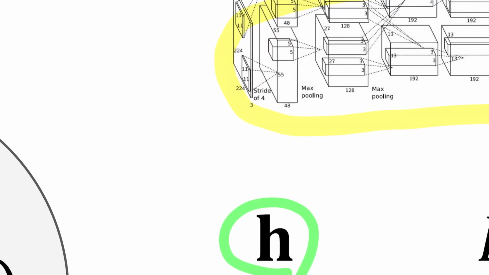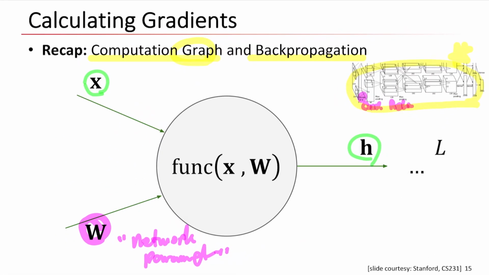If you remember, this could be one convolution layer, and a ReLU layer here, right? Any kind of node or block in the deep neural network can be generalized to this computation graph, right?